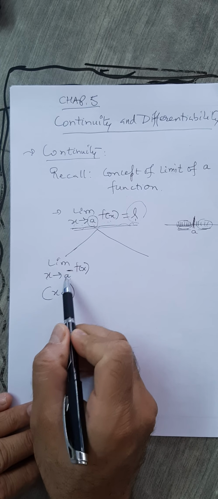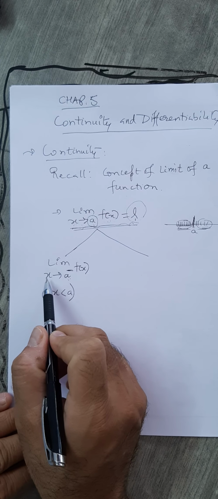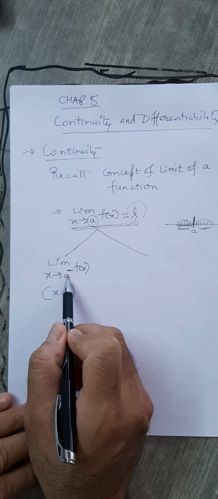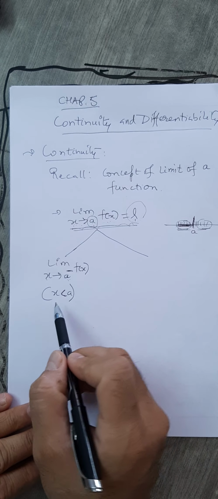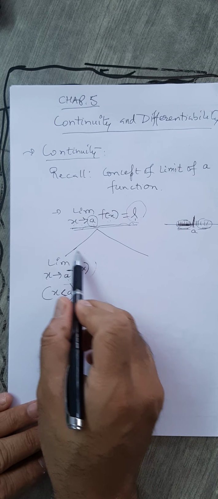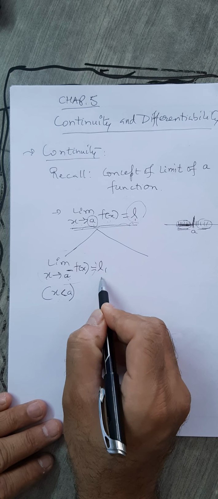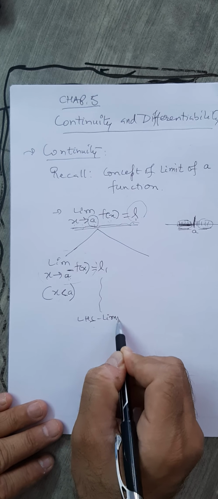Right? This sign does not mean that a is negative, remember. This is just a symbol which indicates that values of variable x are close to a, but from the left side only, this side only. So that's why in this case, if the function is close to, for example, L1, then this L1 is called the LHS limit, left hand side limit.